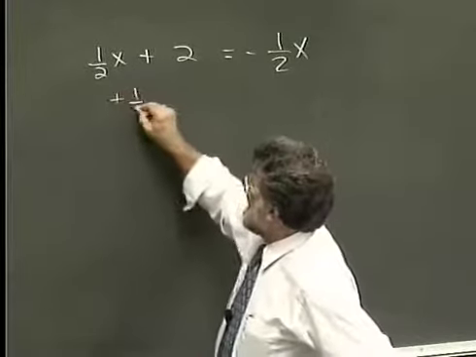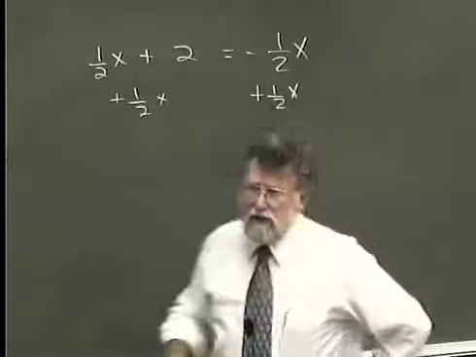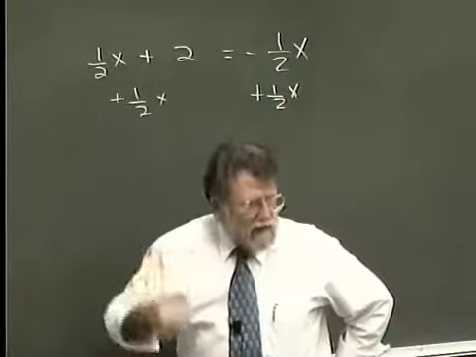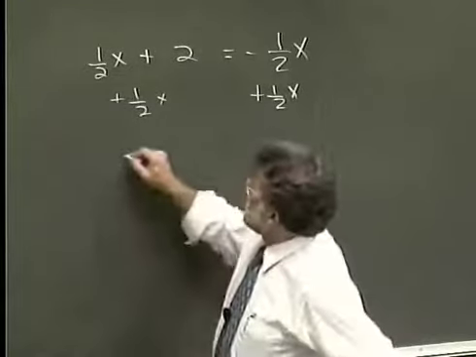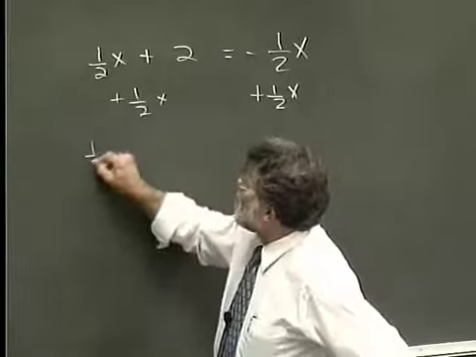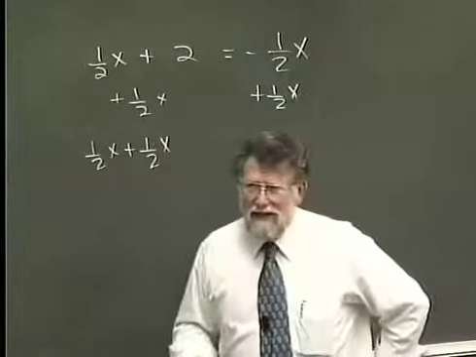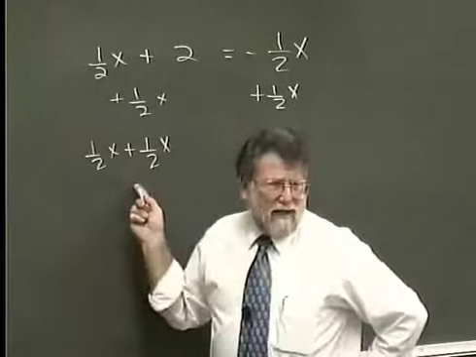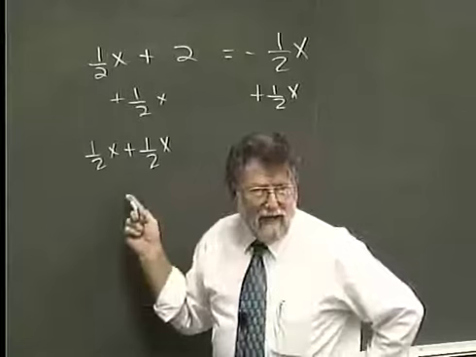So if I add 1/2 x to both sides, and this bugs the devil out of me to show this from a personal point of view, because I expect for myself to do that in my head, but you then are going to get 1/2 x plus 1/2 x, and I hope you just feel an obsessive kind of process. Add them and get x.